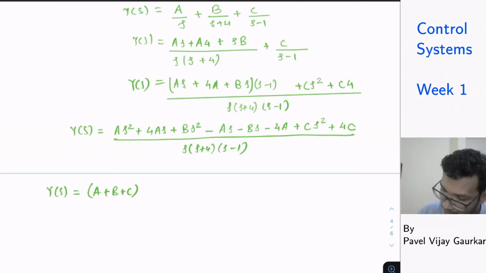Oh, I think I didn't complete this multiplication, right? Yes, c into 4s, correct. So (a plus b plus c) into s square, plus (4a minus a minus b minus 4c) s, minus 4a. Is that correct?